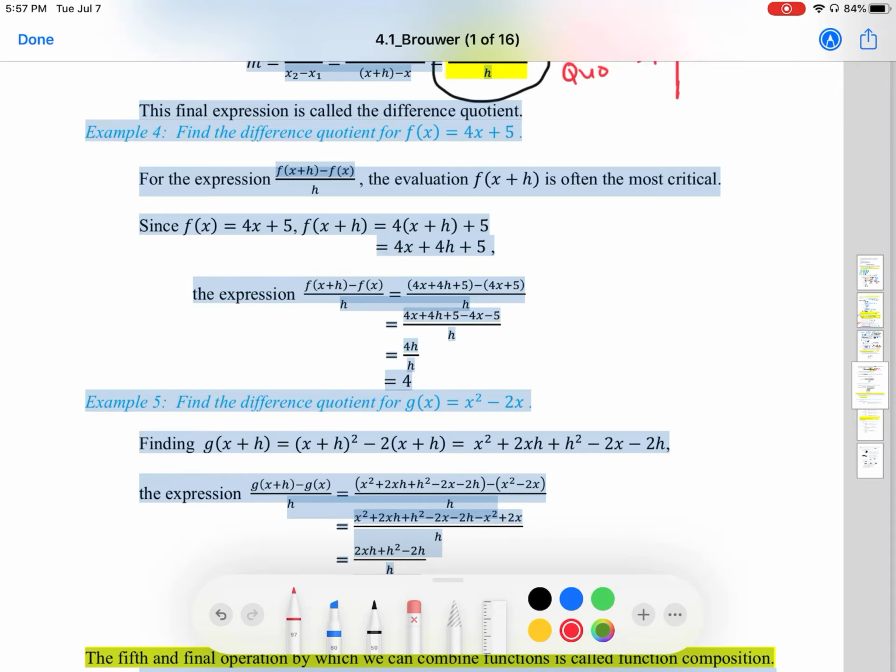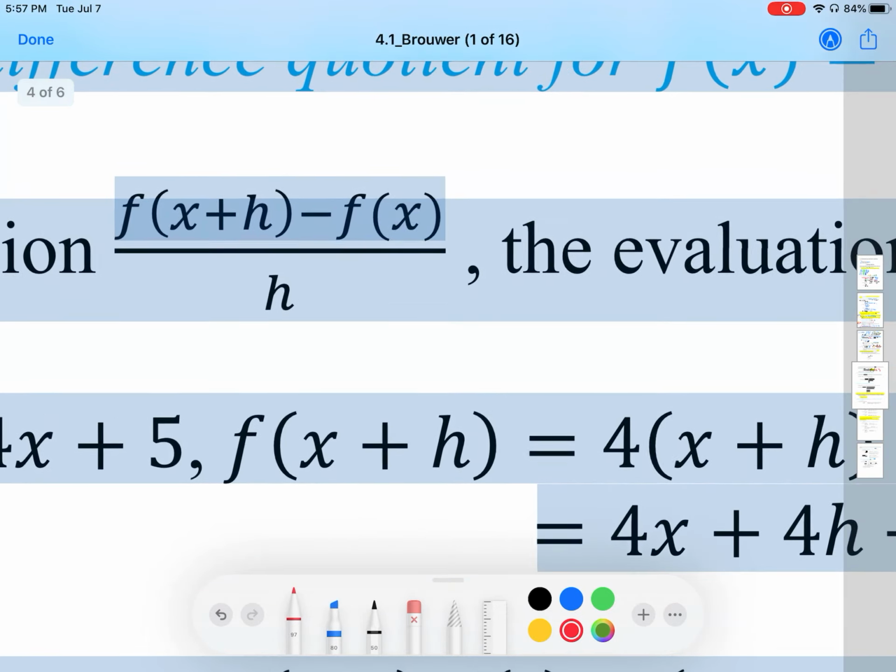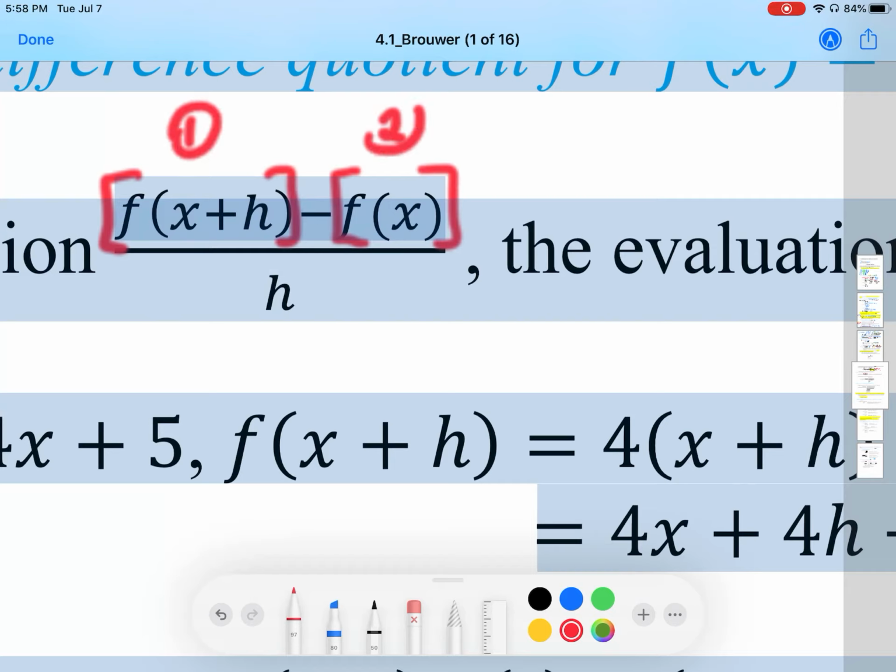All right, so we have our formula. We have f of x plus h, that's one part, and then we have another part, f of x. We have to find those two pieces. I recommend you find them separately. Find f of x plus h, and then you have f of x that's given. But label them separately and then put them together.